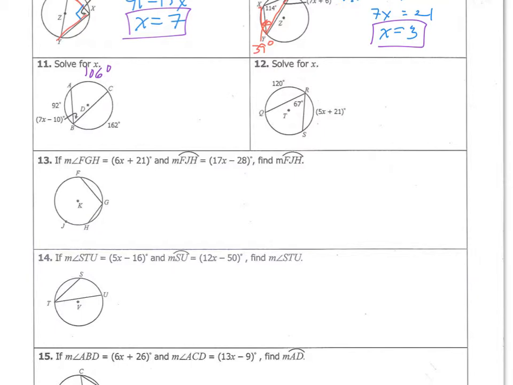I'm probably going to put 7x minus 10 equals 106. Are they exactly equal? Or no, it's 2 times 7x minus 10 equals 106. So 2 times the 7x minus 10 should exactly equal the 106. So you go ahead and solve that, and I'll do it quietly up here.